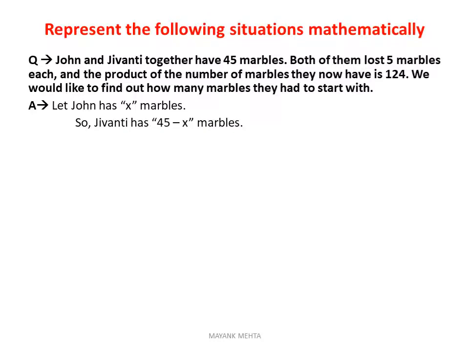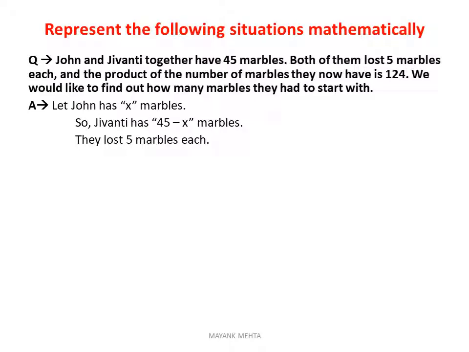That means Jivanti has 45 minus x marbles. You remember these things. Some students make the mistake of writing x minus 45. No, you are not going to do x minus 45 over here, because the sum of the marbles both of them have is 45. That means if John has x marbles, then Jivanti has 45 minus x marbles.